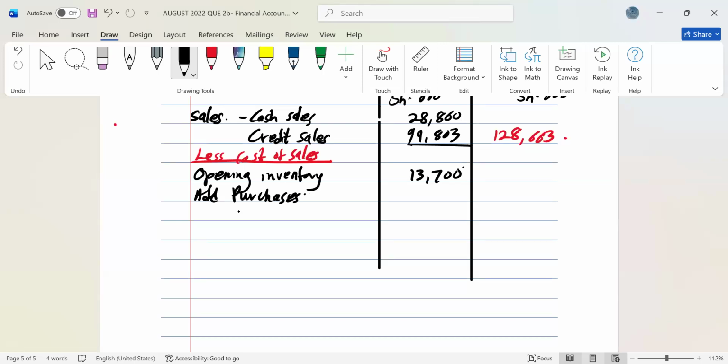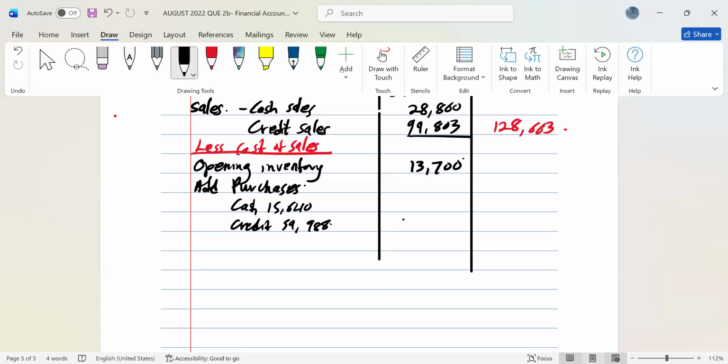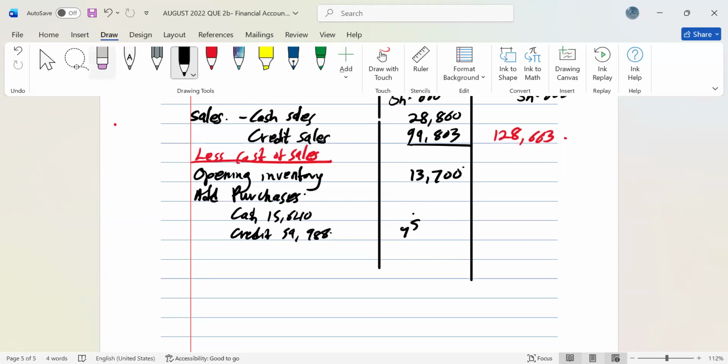Cash ilikuwa 15,640, plus credit ilikuwa 59,986. So if I add the two, are we getting 75,626? That is our purchases.